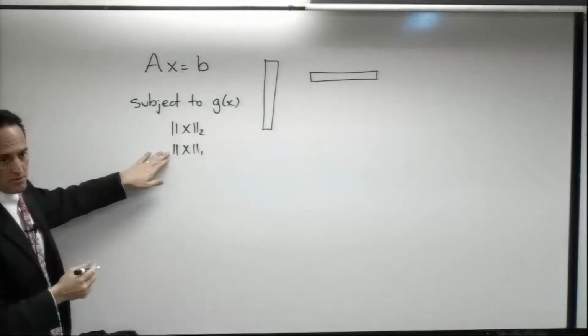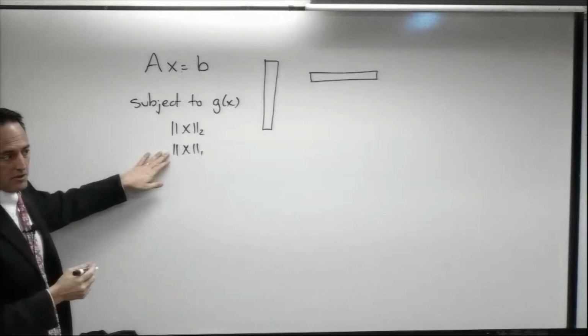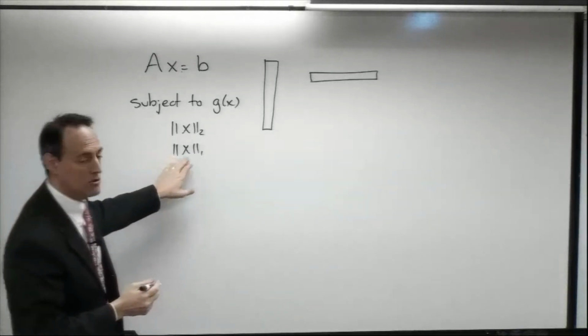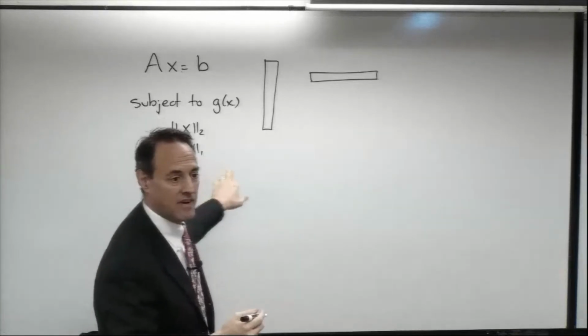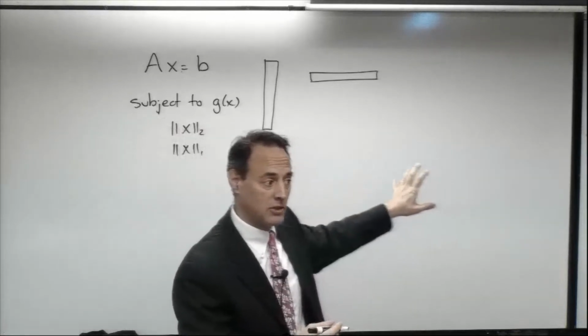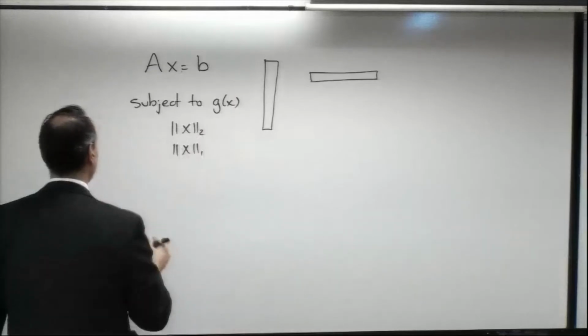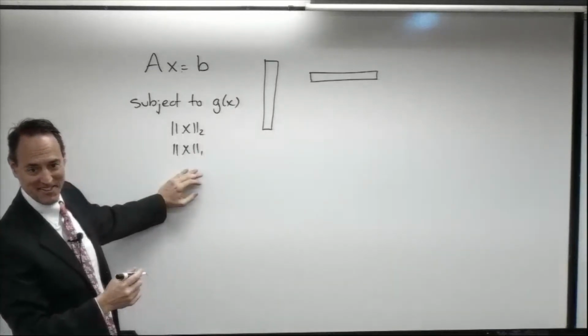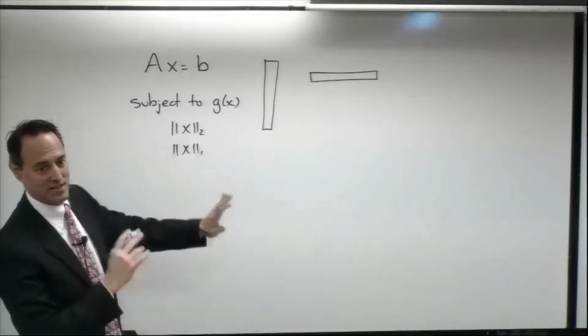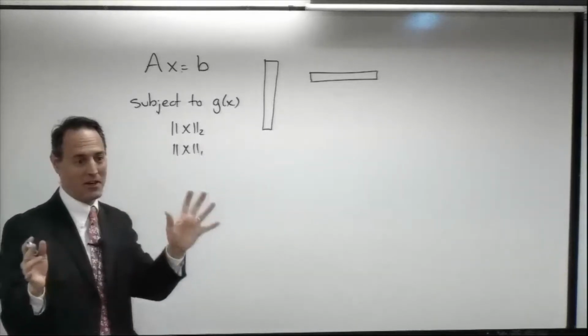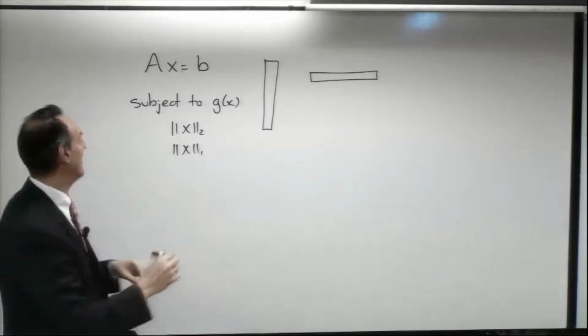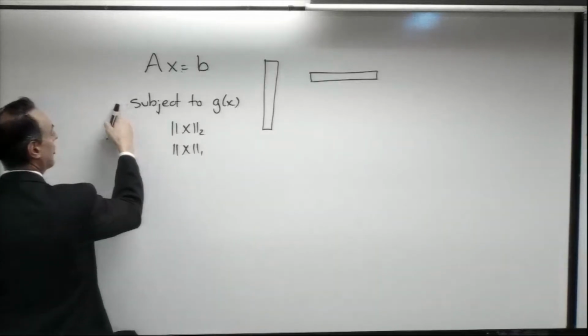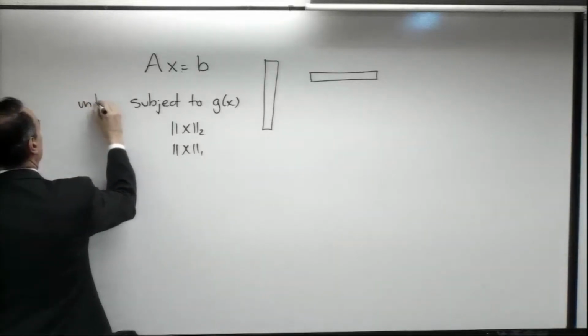And this one here is going to be important for us, because it's going to promote sparsity. In other words, it's going to try to give you a solution where most of the values of x are 0. That's what the L1 norm does, which I totally didn't demonstrate for you last time because of the train wreck. But if you look at the notes, it's all there. Okay? All right.